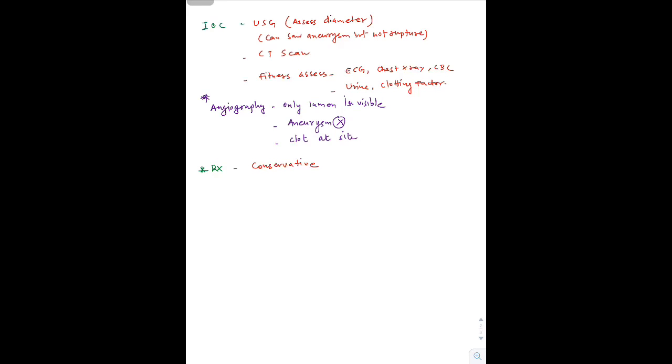After that, if there is a clear indication that we need the surgery, then we have many options. Before that, we can do a compression therapy.